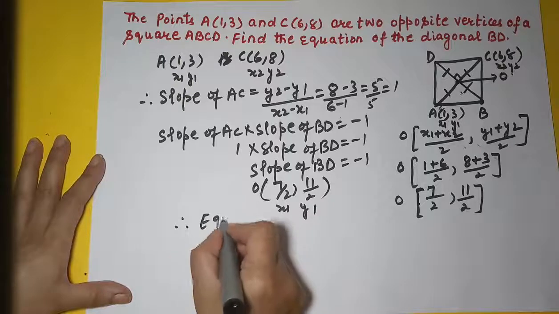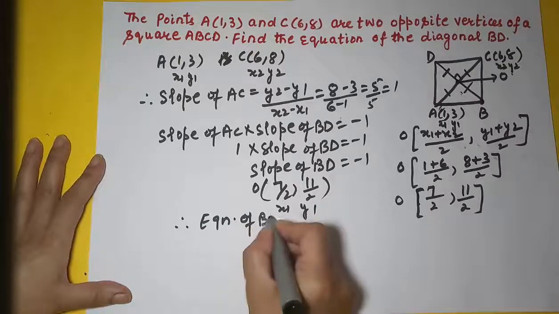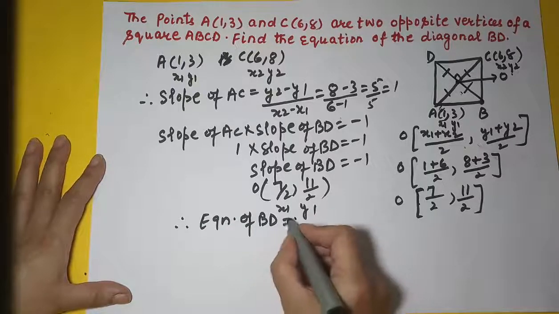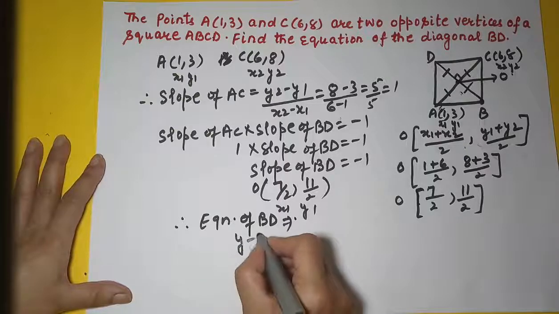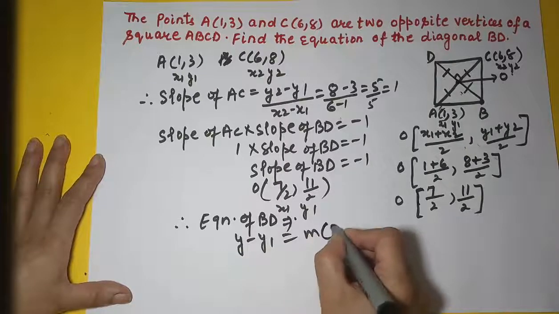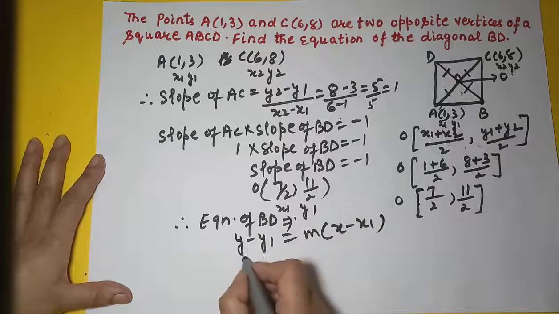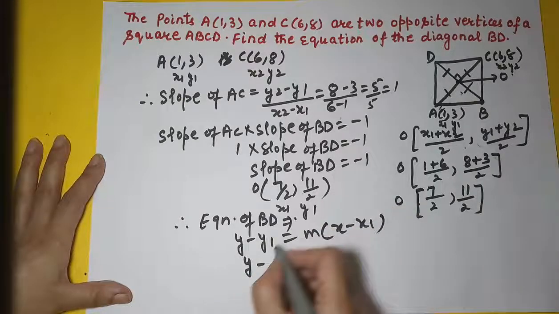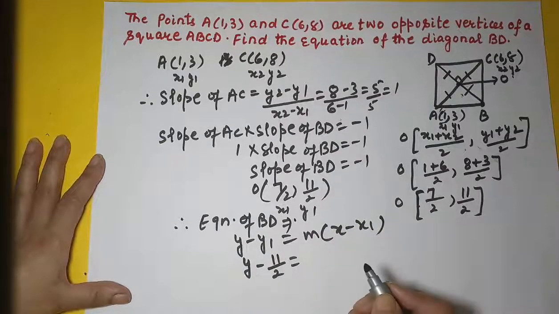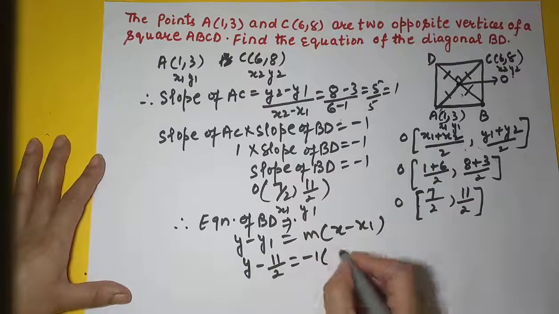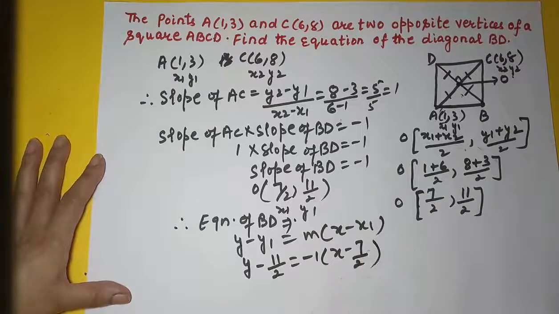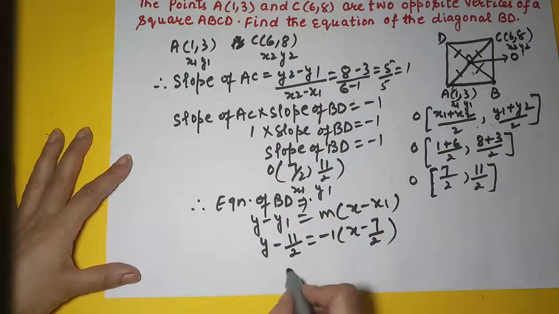Therefore, equation of BD will be y minus y1 equals m times x minus x1. So y minus, what is your y1? 11 by 2 equal to minus 1 into x minus 7 by 2. So you can take 2 LCM.